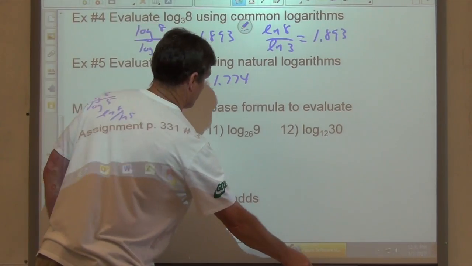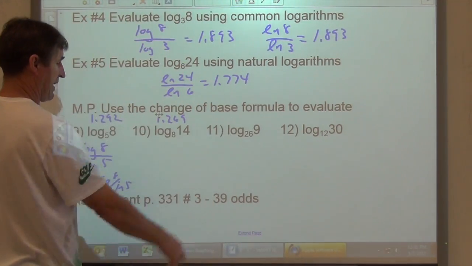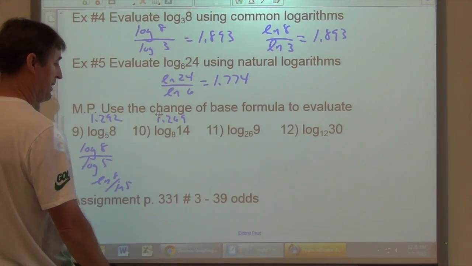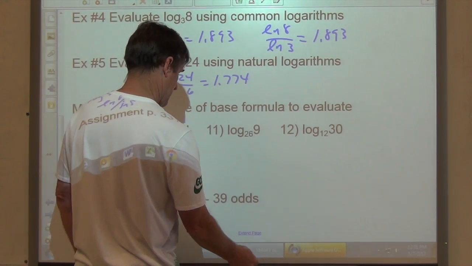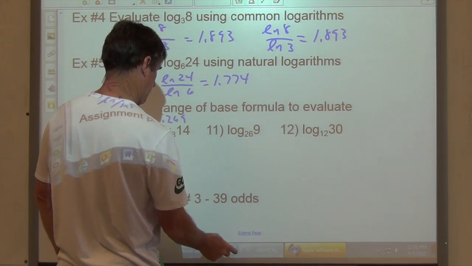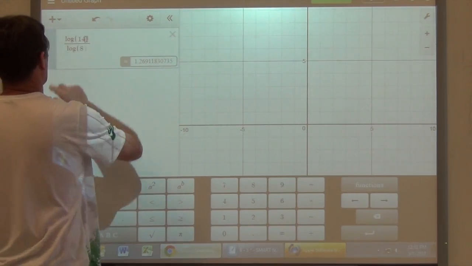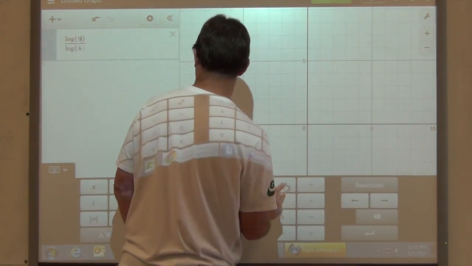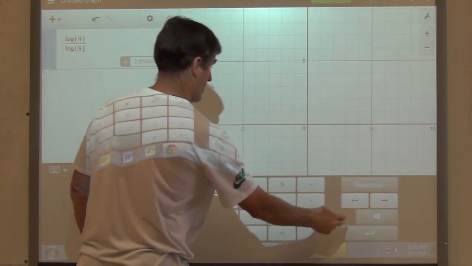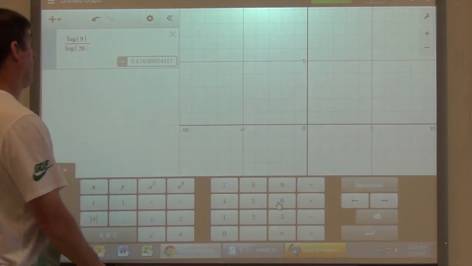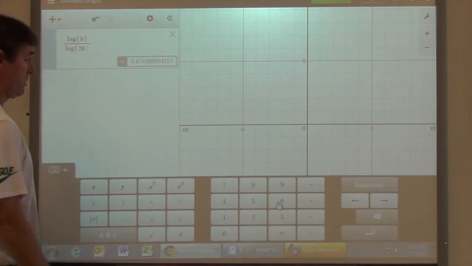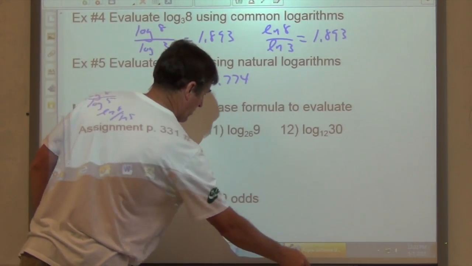The next one would be log 9 divided by log 26, or ln 9 divided by ln 26. So 9 and 26 we're going to do. And we get 0.6743, so 0.674.